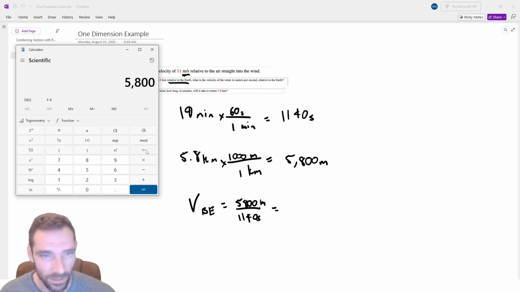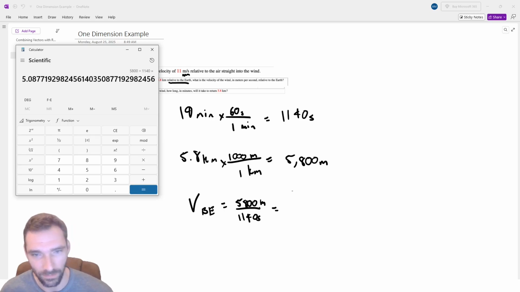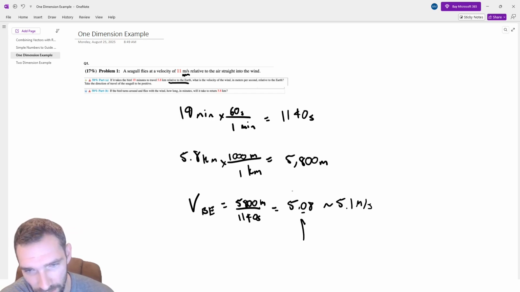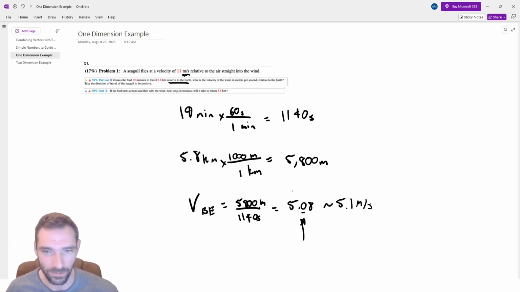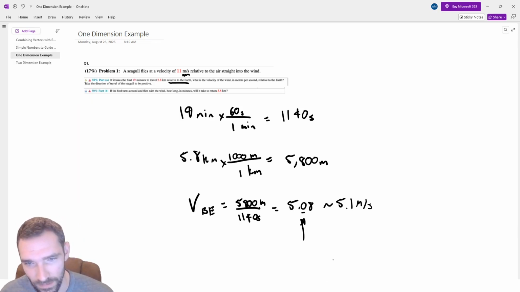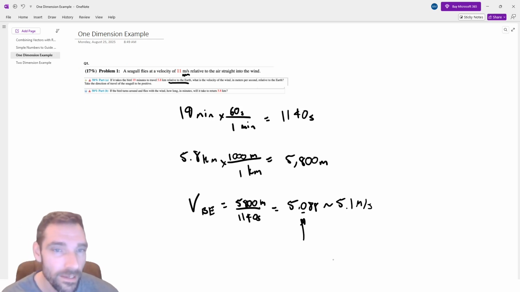I'm trying to keep the color coordination with what we had earlier just to make it simple. So we've got 5.08, because it was only 2 sig figs. It really is only limited to like 5.1. They weren't asking for that in meters per second, so I'm going to keep on using the 5.08 number, just to have a couple extra sig figs just in case.